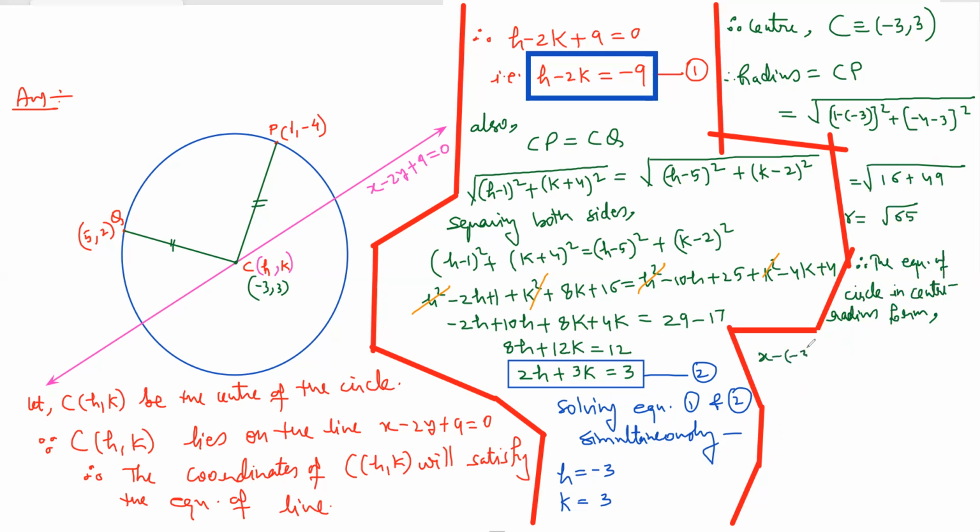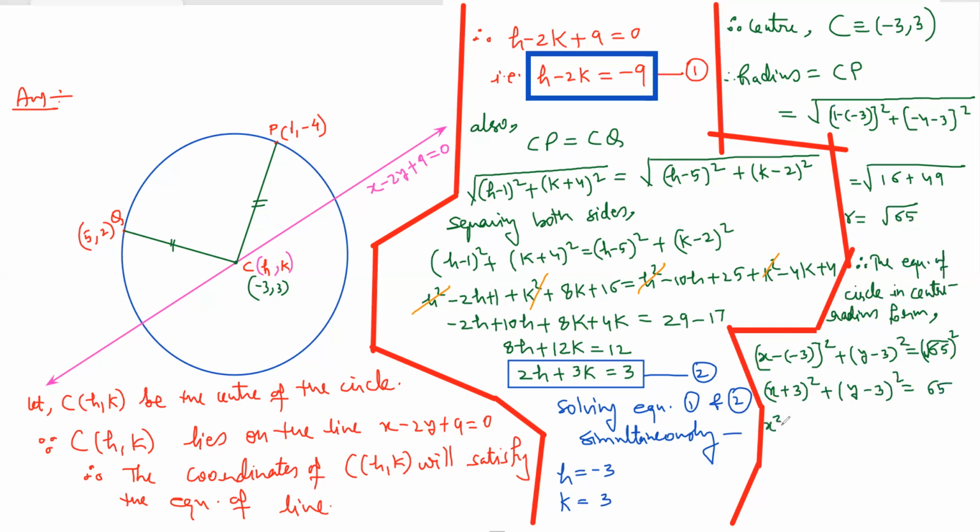So (x - (-3))² + (y - k)², k is 3, (y - 3)² equals (root of 65)². Remember, root of 65 squared. So this is (x + 3)² + (y - 3)² = 65.